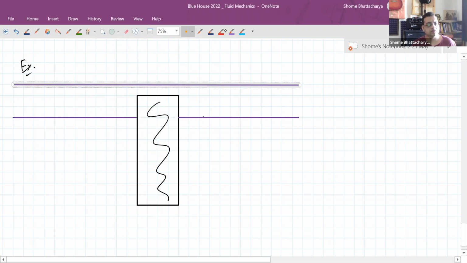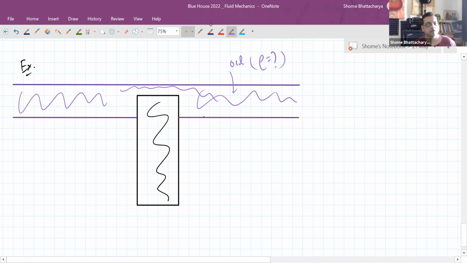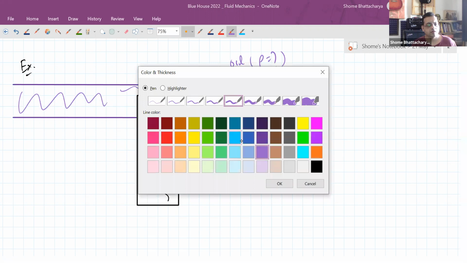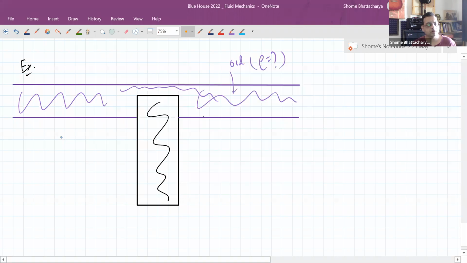So this is, let's say, some oil, whose density we don't know, and underneath it is water.